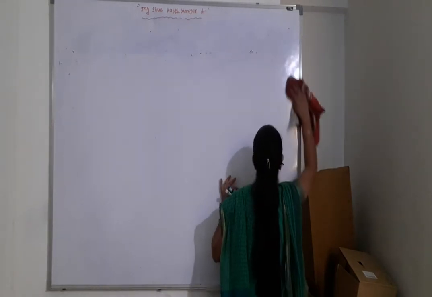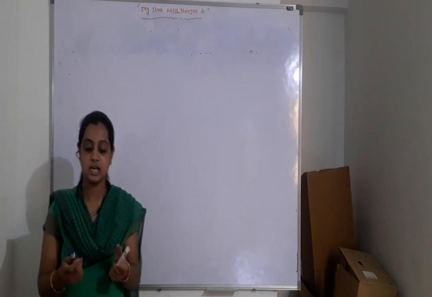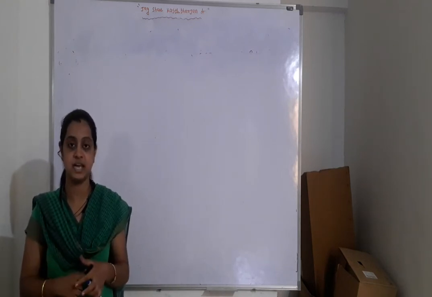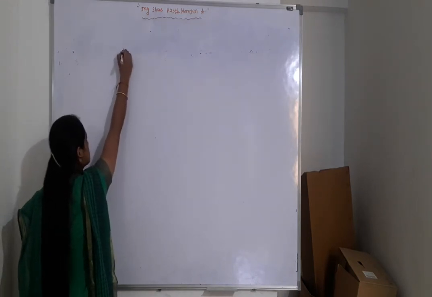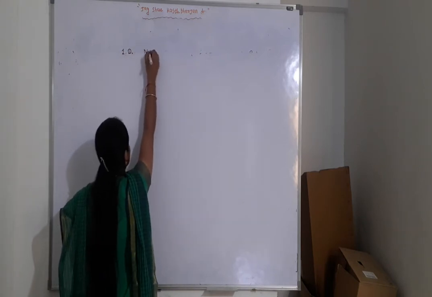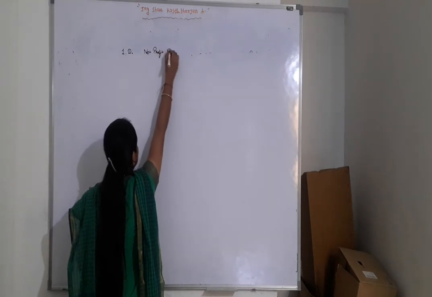Gross profit, net profit ratio and operating profit ratio are income based ratio. Only one operating ratio, that is expense based ratio. Let's start with 1D, that is net profit ratio.